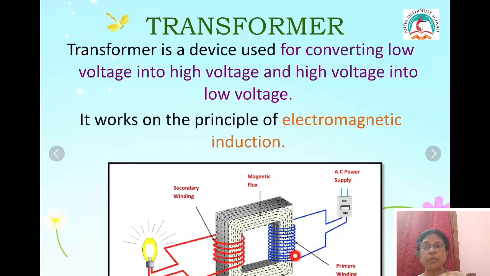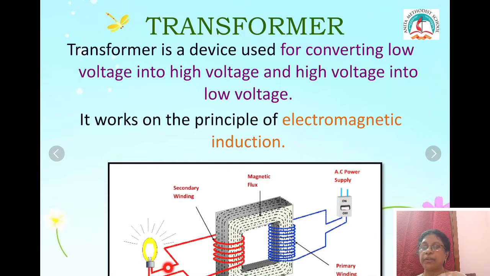So when current flows through the coil, a magnetic field is produced around the coil on the primary side, and the change in the magnetic field induces current in the secondary coil, and that helps the bulb to glow.